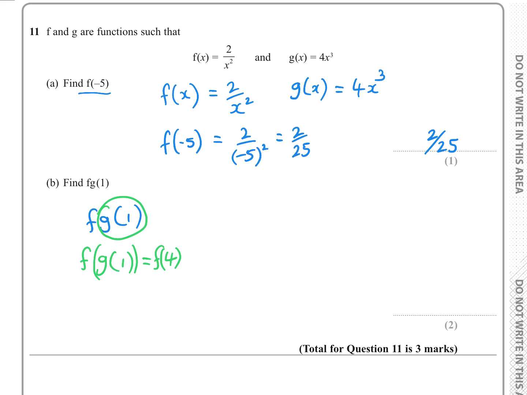So if we put 4 in place of x, because don't forget f of x is always going to be 2 over x squared, then f of 4 would be 2 over 4 squared, which is 16, and we can cancel that down to 1/8.